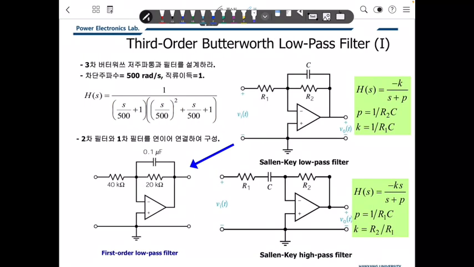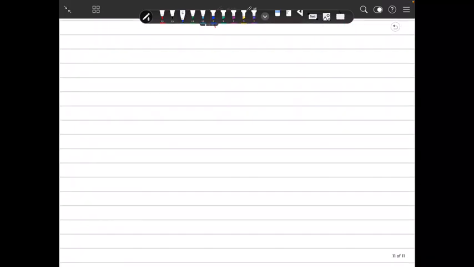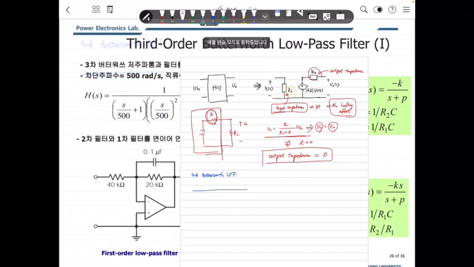So this is an example: the second order Butterworth low pass filter design. The second order filter is like that. Third order Butterworth low pass filter form, you already know that. What is that?